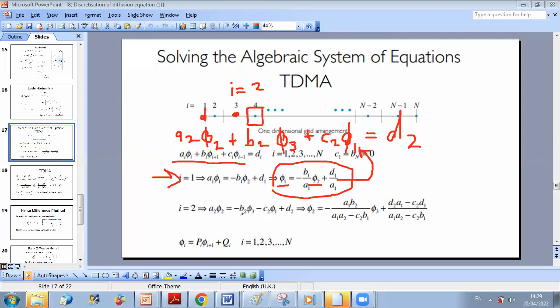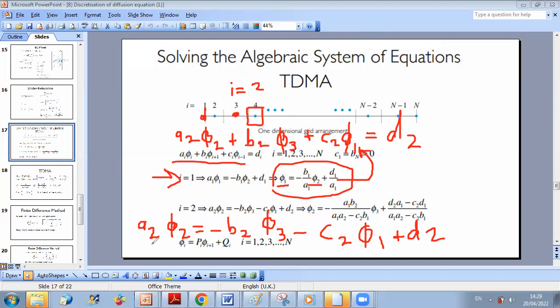All you have to do is to say, I started from this relation. I will take B2 phi 3 and C2 phi 1 to the other side. So I can write that A2 phi 2 is equal to minus B2 phi 3 minus C2 phi 1 plus D2.